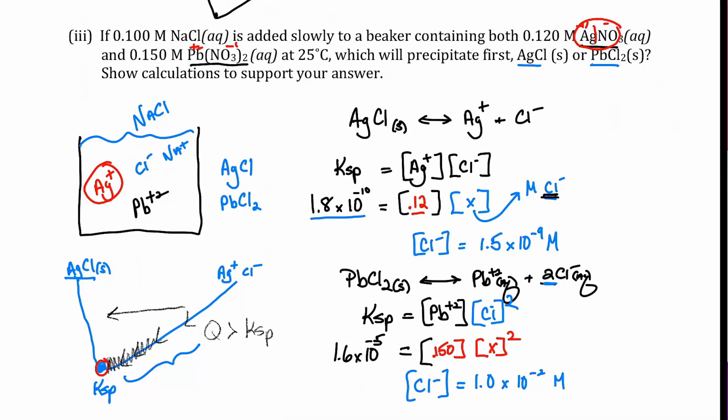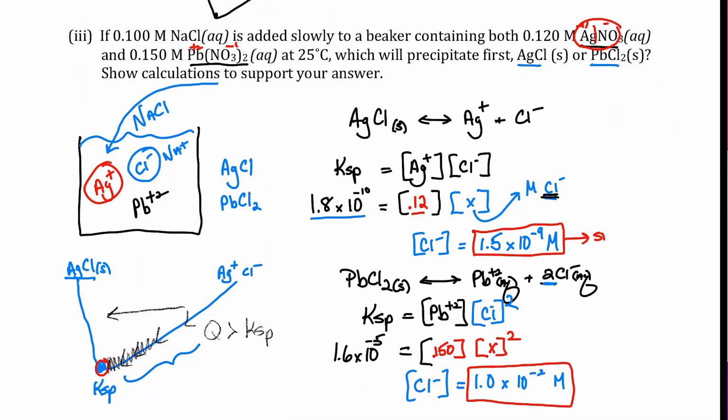So what does this mean? Well, as we pour in sodium chloride, which means we're just adding more chloride ions, which threshold is going to be met first? Is it going to be the 1.5 times 10 to the negative 9 or the 1.0 times 10 to the negative 2? Well, who's the smaller number? Now, why does a smaller number work? Because I'm pouring chloride in. It's starting from a theoretical 0, and it increases as I add more and more chloride ions.